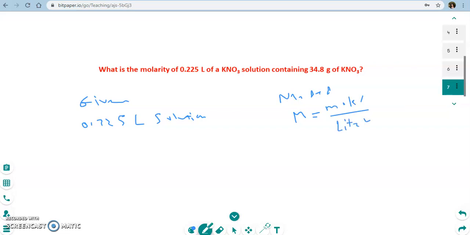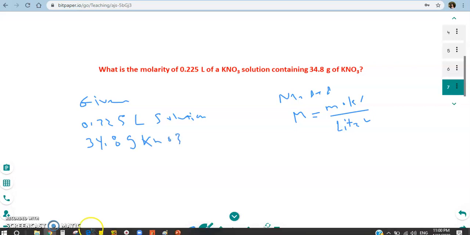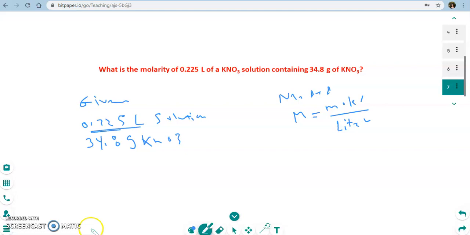So we also have here 34.8 grams KNO3. What we're missing now, so we have the liters, but we're missing the moles. So we can actually figure out the molarity. So we're missing the moles of KNO3.